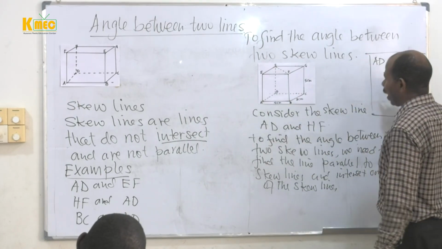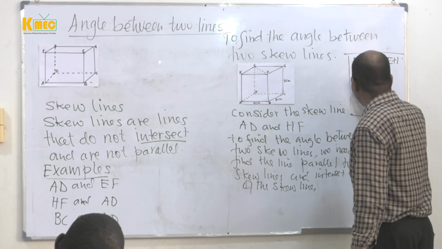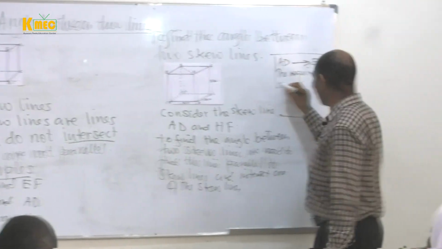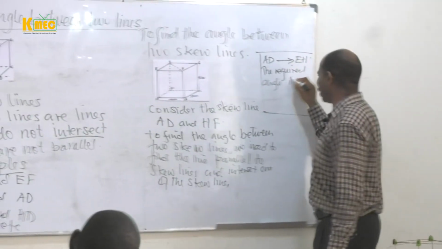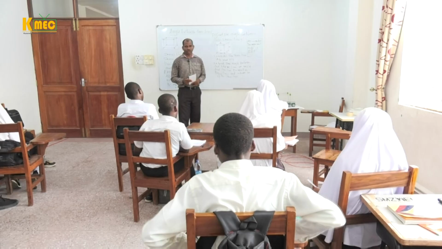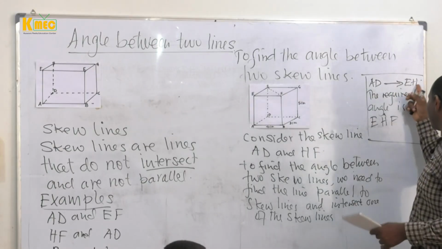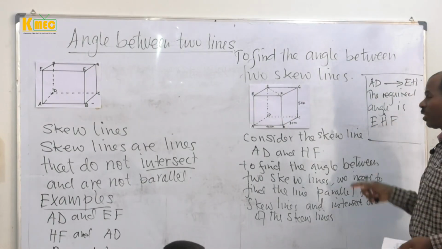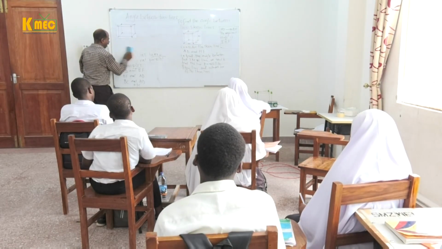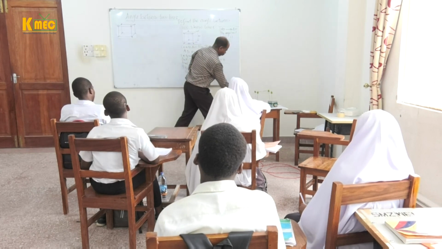So the line AD becomes EH, and the required angle is angle EHF. By finding the line which is parallel to AD, the angle EHF is formed. So we know the figure can be drawn in this way, and this is how to calculate the angle.